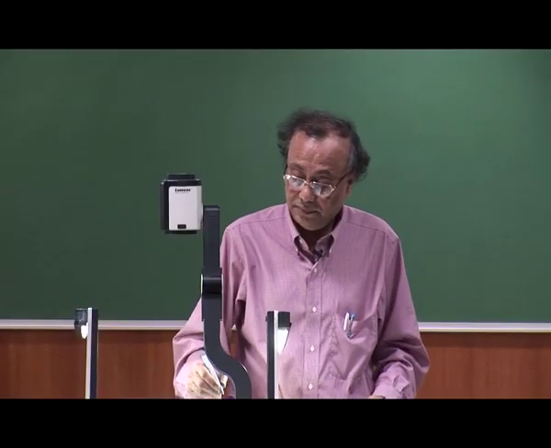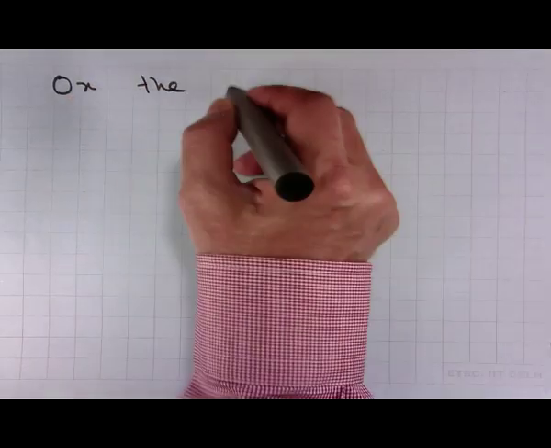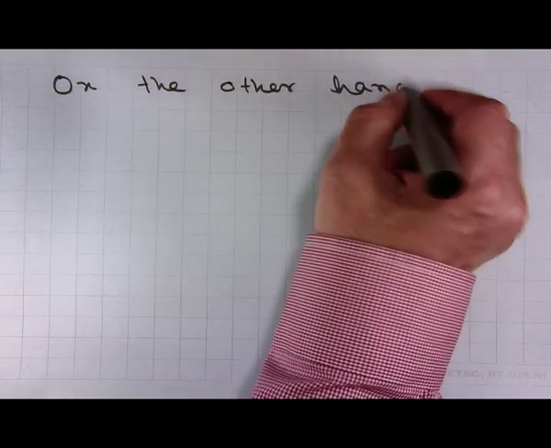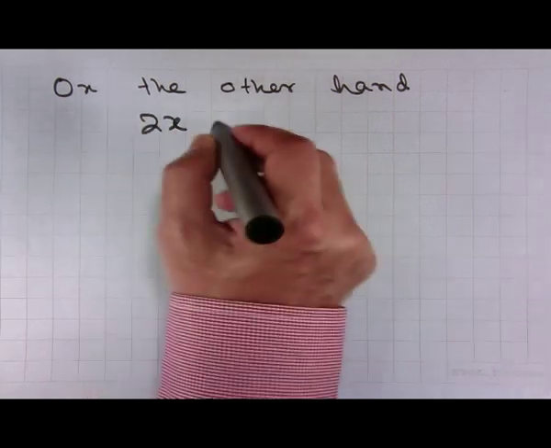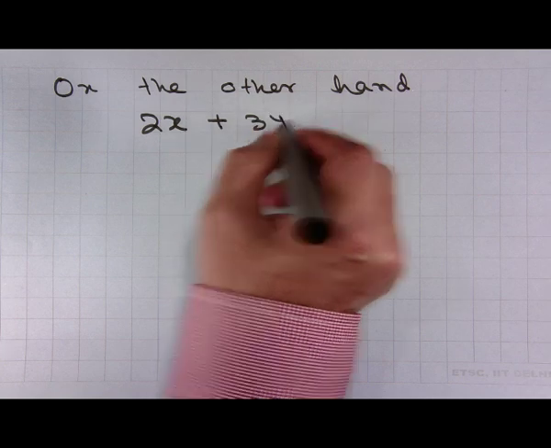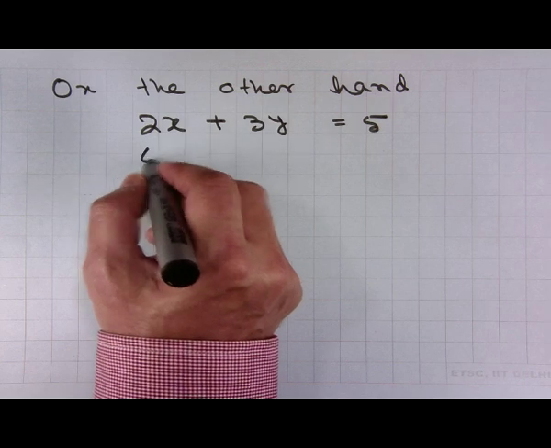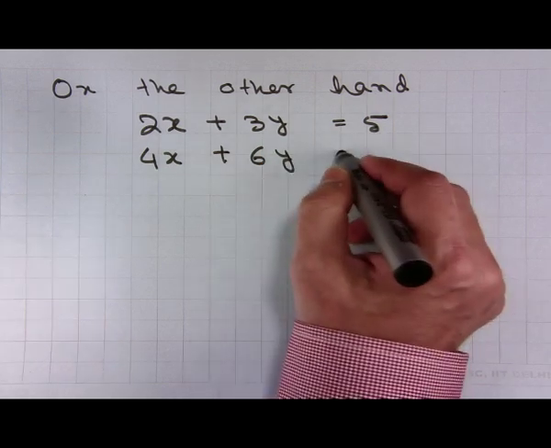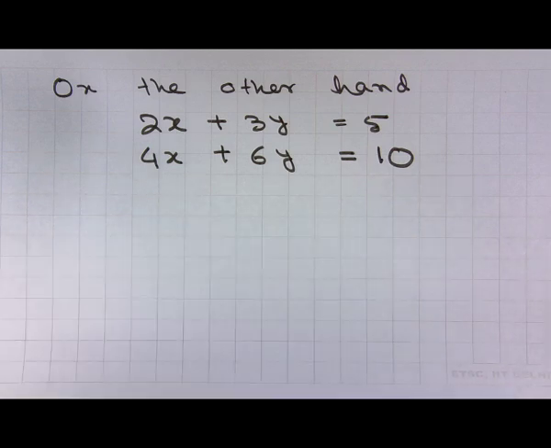On the other hand, if we consider 2x plus 3y is equal to 5 and 4x plus 6y is equal to 10, then we face a different problem.